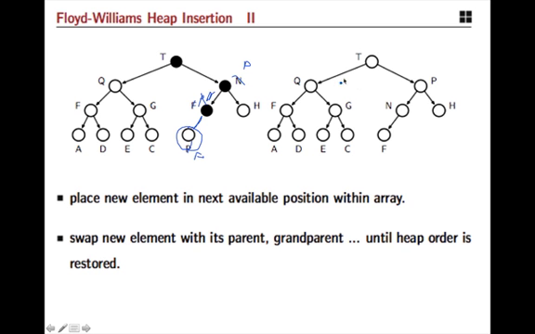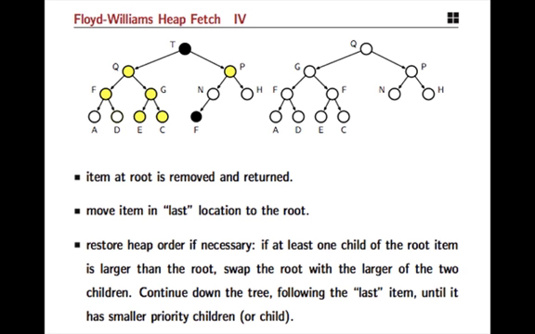How do we do fetch? The first part of getting the element with the highest priority is easy because that's always the root. So we simply return the root. But now we need to do something to maintain the structure of the tree. Now we have two separate trees.